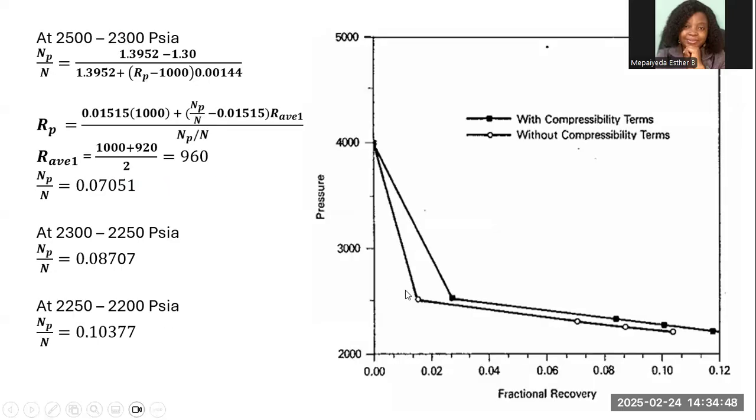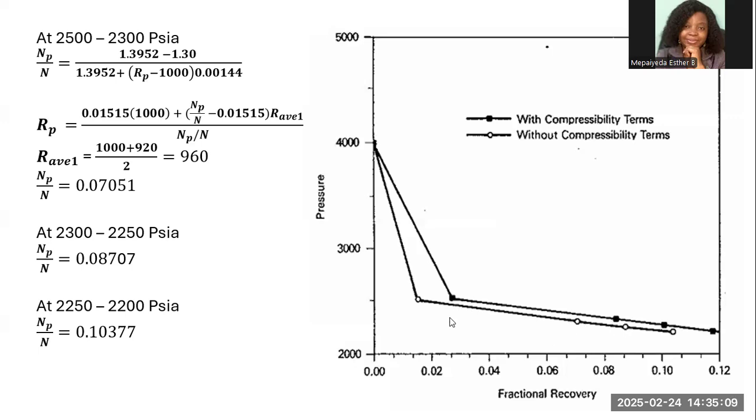Let's go 2,200. So somewhere around here, let me move this up. This is about 2,500, 2,200. Should be somewhere around here. So we see the effect at somewhere around here.